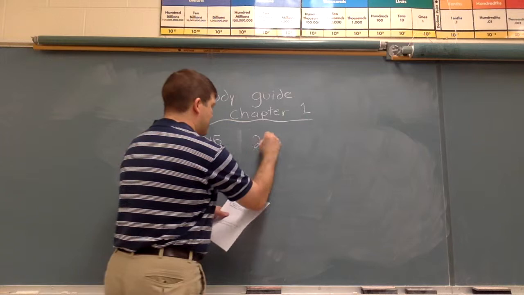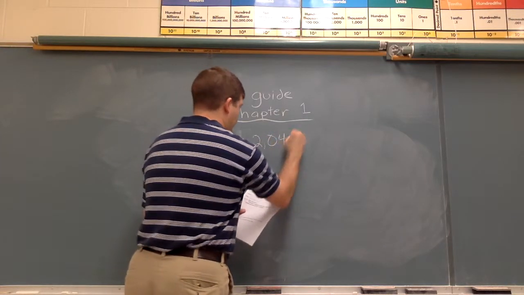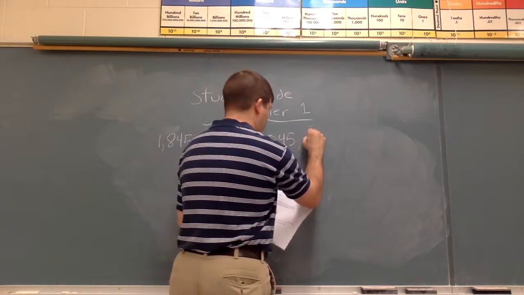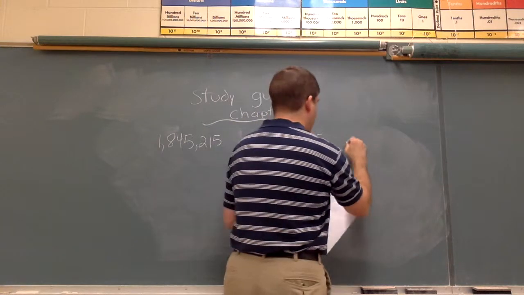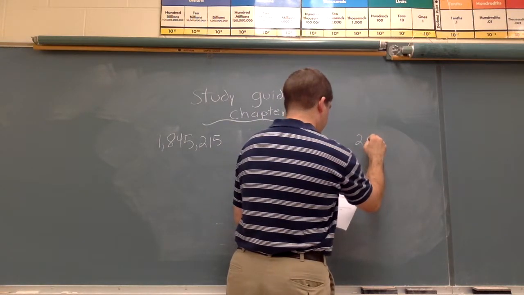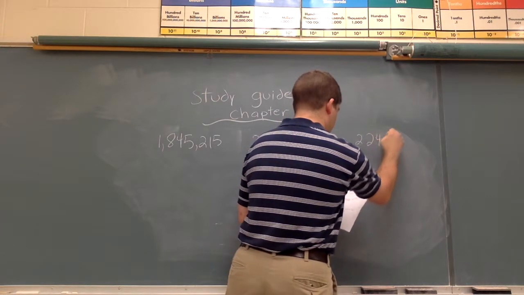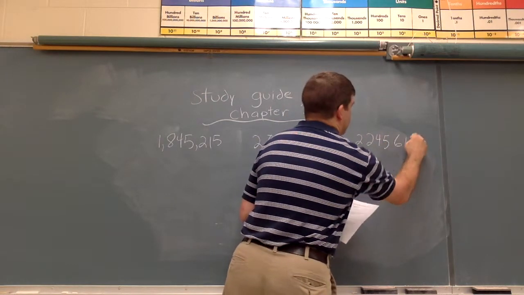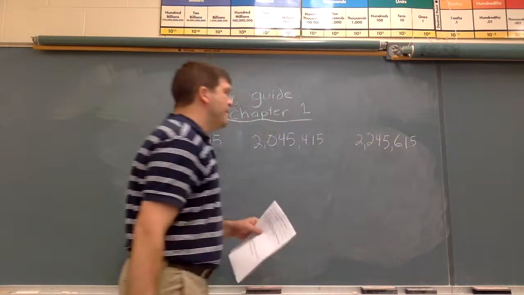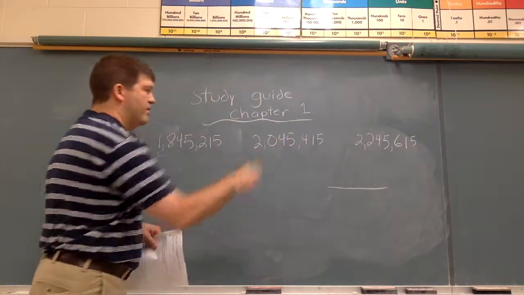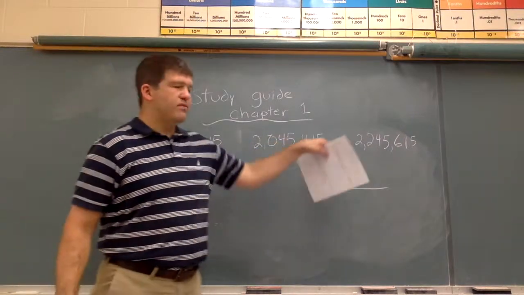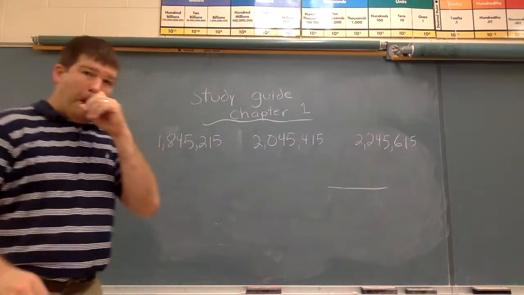And then the next one is 2 million. And then we have 2,245,615. Okay, so I need to get the next one in order there. We're going from this one to this one to this one, and what's the next one in line?